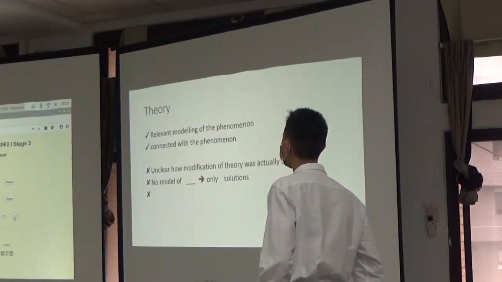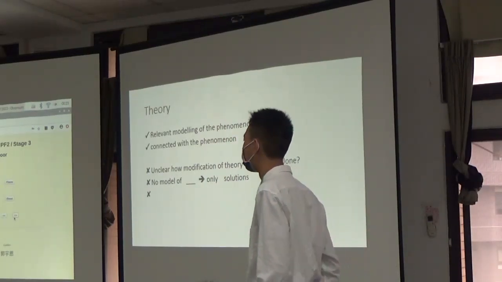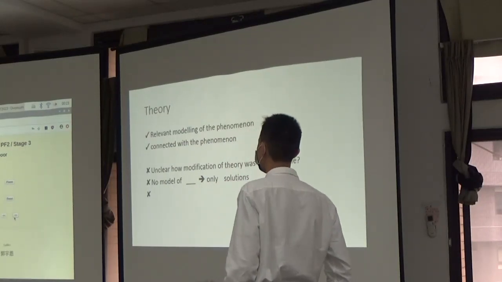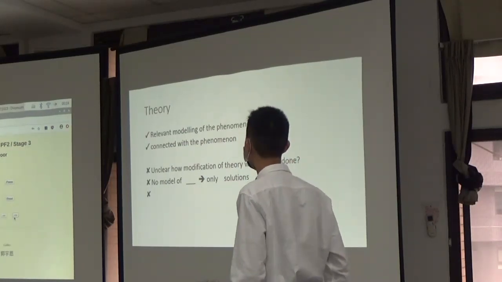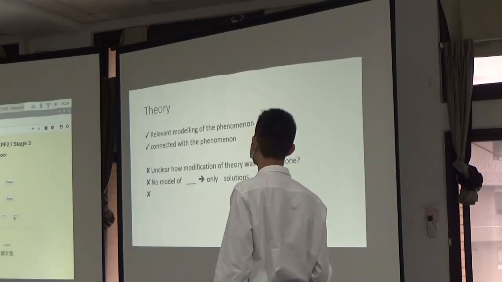When it comes to the theory, they have relevant modeling of the phenomenon, and their theory is connected with the phenomenon. However, I think it is unclear how the multiplication of theory was actually done. And I think that's all.